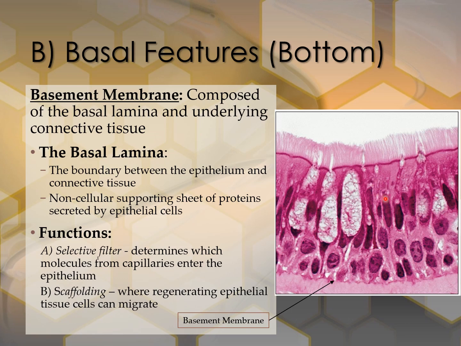So the basement membrane is composed of both the basal lamina and that connective tissue underneath. The basal lamina is part of the epithelial tissue, and then the basement membrane has that connective tissue as well. A lot of people get confused between basement membrane and basal lamina.